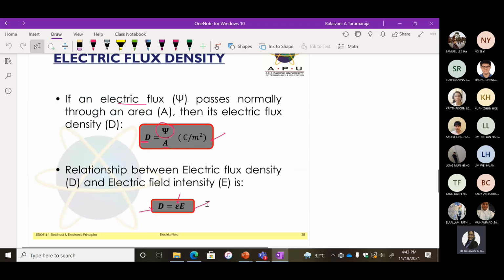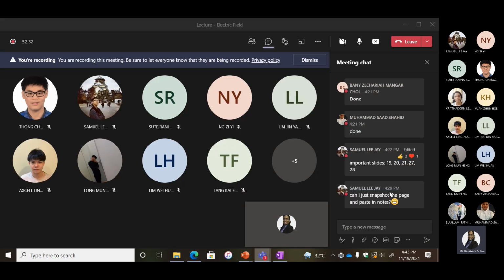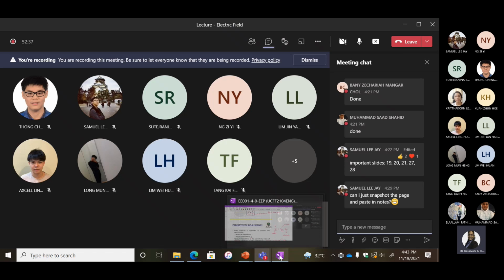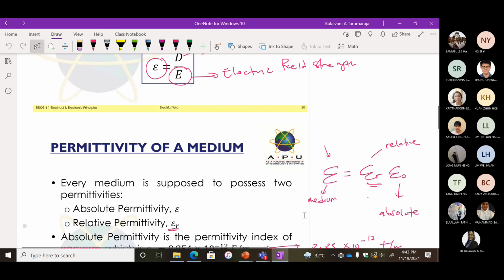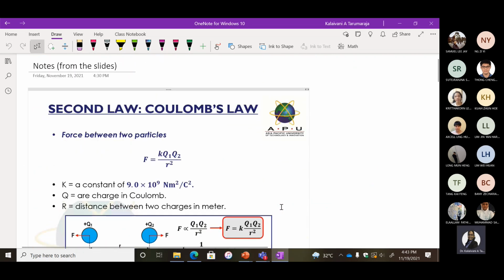But I want you to understand the slides that your friends wrote in the meeting chat: 19, 20, 21, 27, and 28. Try to understand them. When done, put a remark or let me know in the meeting chat. You may write your answers there, because I'm going to ask the Q&A section in a while. Do the self-study on your own based on the equations.